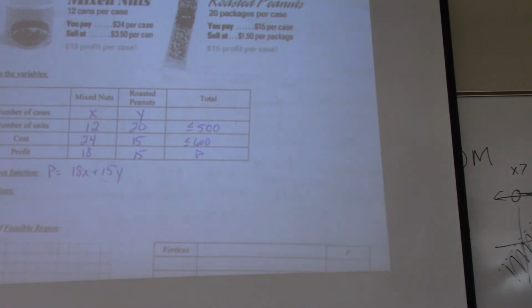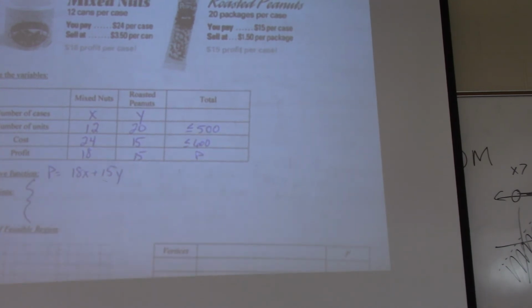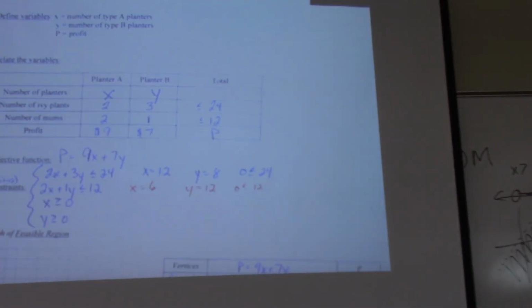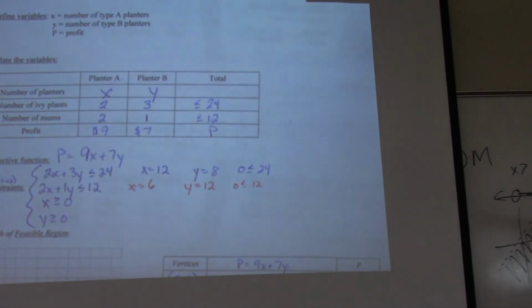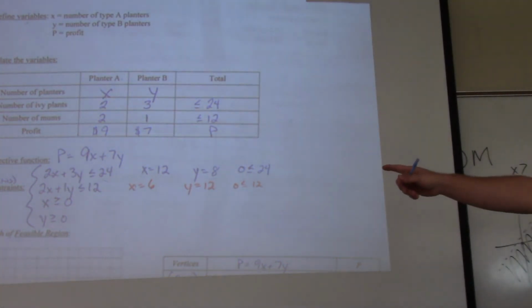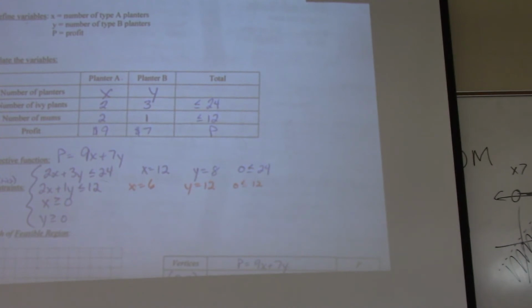Your constraints, they're given right there in the problem. Take a second, and I'm not going to mess you up because you have everything you have. I'm going to just put this back up here to show you what I did. And I want you guys to try and come up with the constraints for the problem that we're working on right now. This is just the previous problem, so you can see how I use the table to make my constraints. See if you can do it for this problem.